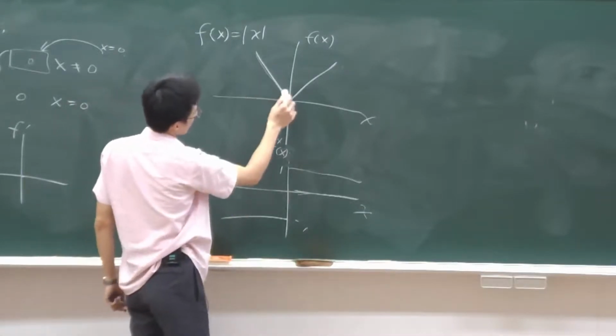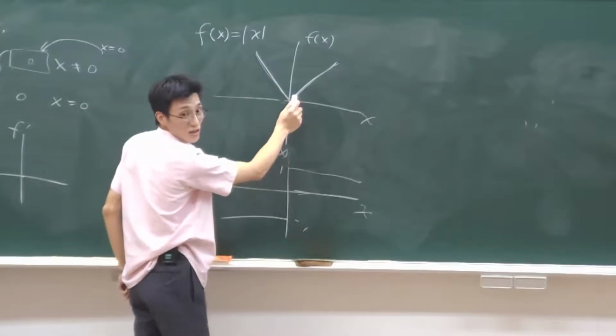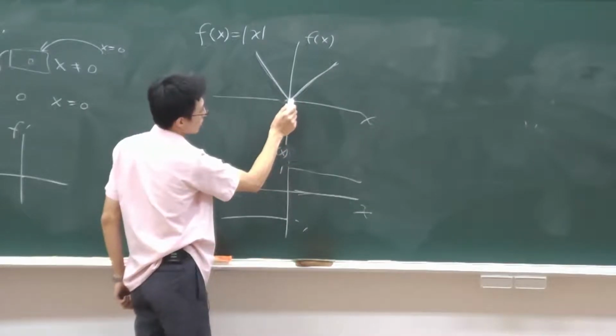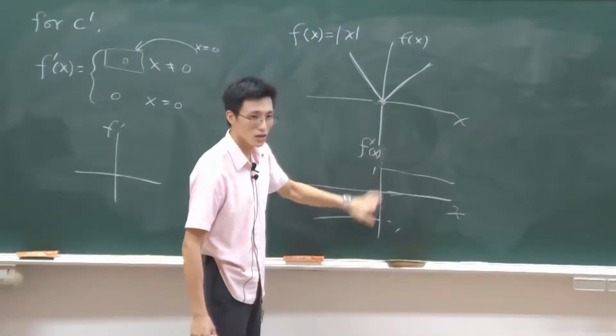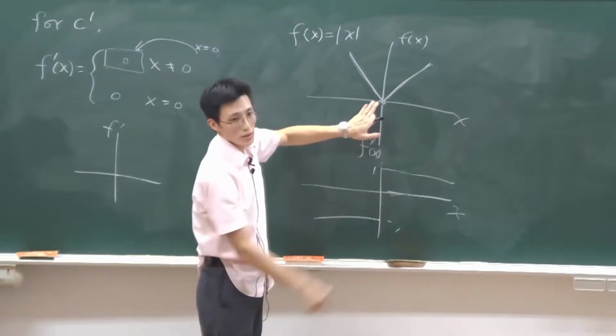Why? In here, the slopes are bounded, right? How about in here? If you evaluate this condition, given any x1, x2, this will be bounded on this function. Even though the derivative is not continuous, that condition will be bounded.